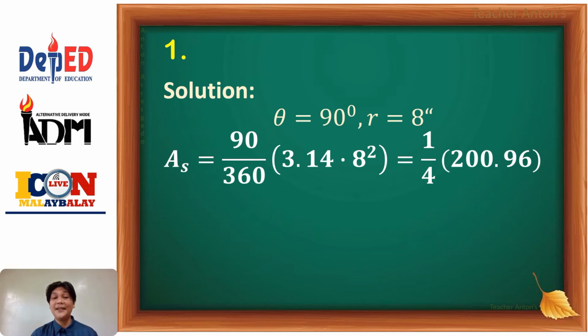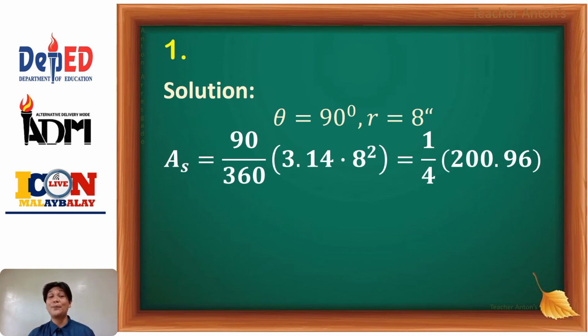So solving, substitute 90 degrees and 8 inches radius. So we have 90 over 360 times the quantity of 3.14 times 8 squared. Now, 90 over 360 is just 1/4. Its lowest term is 1/4. Then 3.14 times 64, or 8 squared is 64.